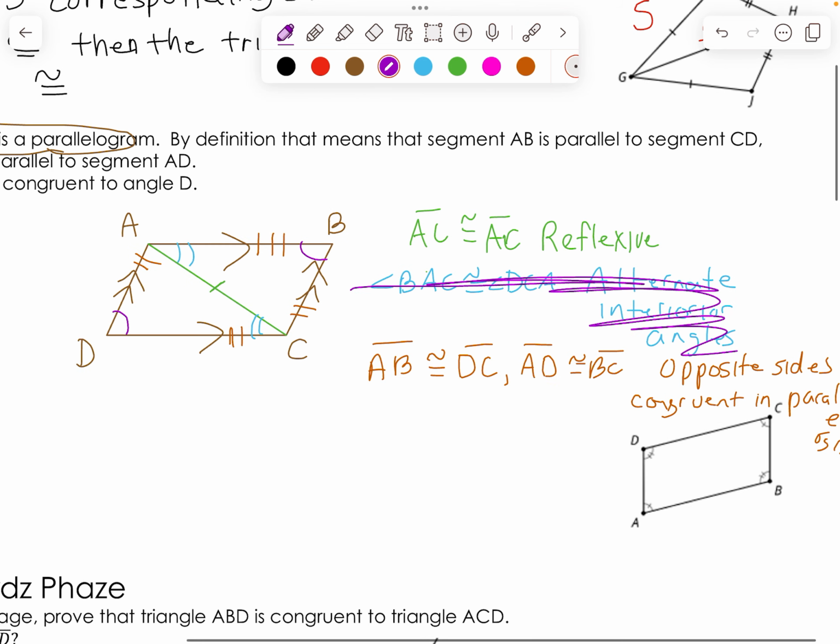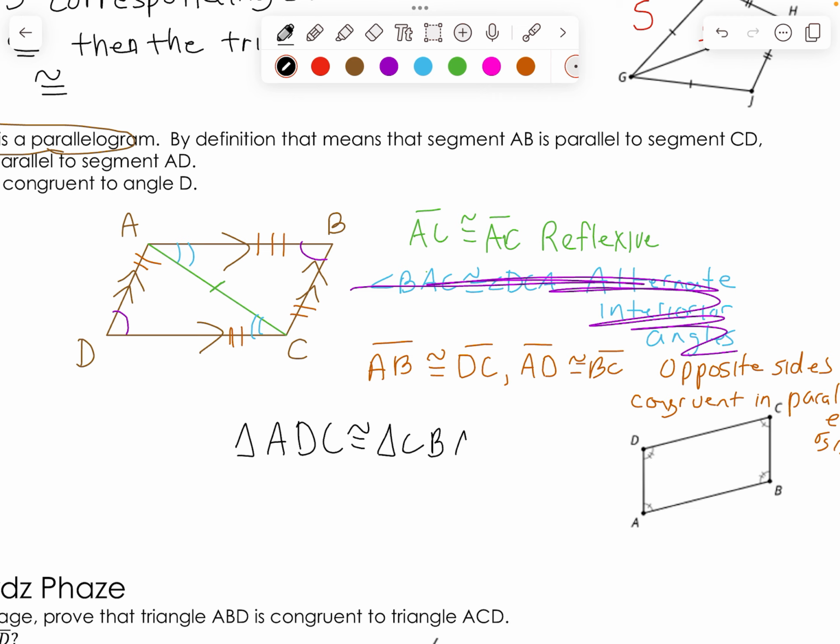Like I said, reflexive property, reflexive property, opposite sides congruent in a parallelogram. So then I know that the triangles are congruent by side-side-side.